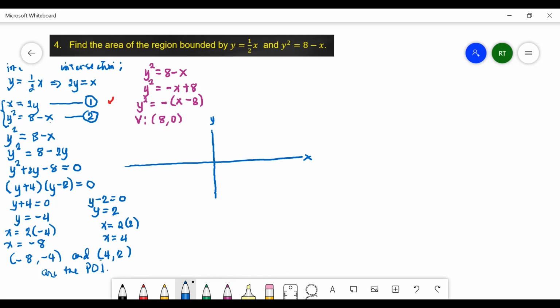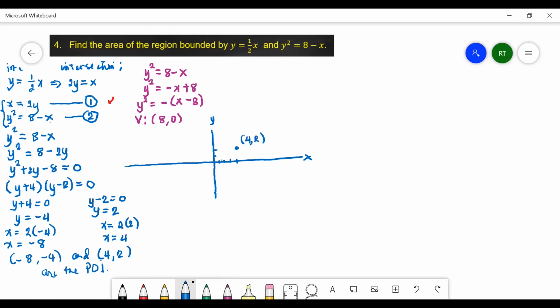The points of intersection are at (4, 2). So we have 1, 2, 3, 4, 1, 2. This is one of the points of intersection, coordinates (4, 2).